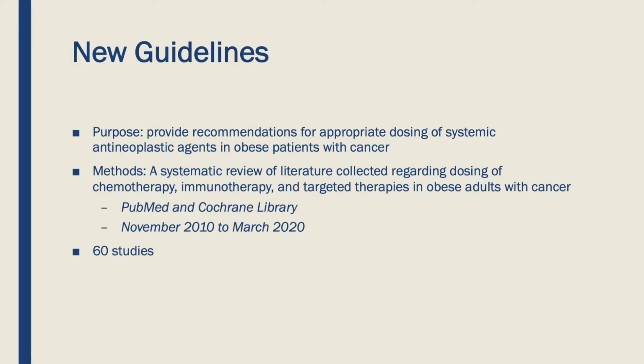The methods that the authors utilized include a systematic review of literature regarding dosing of chemotherapy, immunotherapy, and targeted therapies in obese adults with cancer. They looked at PubMed and also the Cochrane Library, and they queried data from November of 2010 to March of 2020. And they were able to include 60 total studies in formulating their recommendations for the new guideline updates.